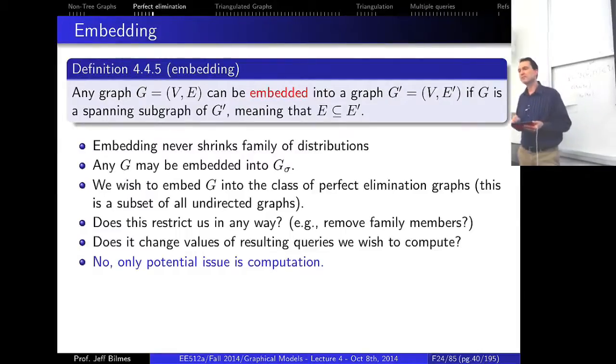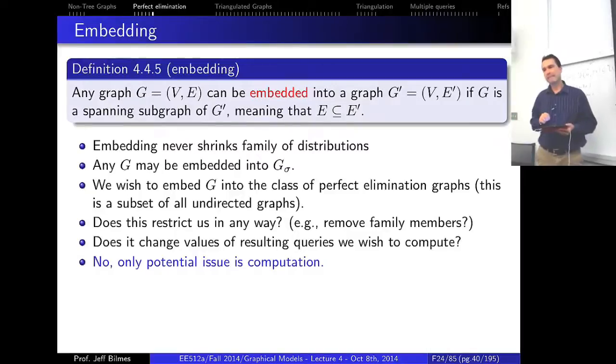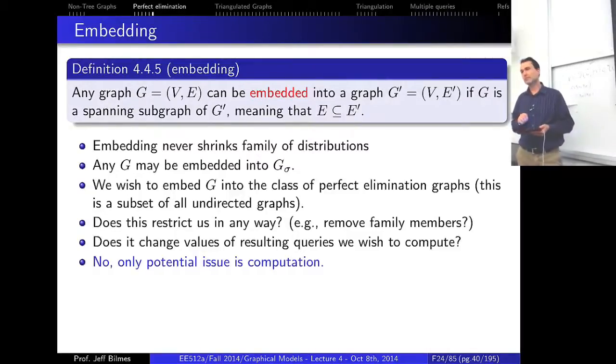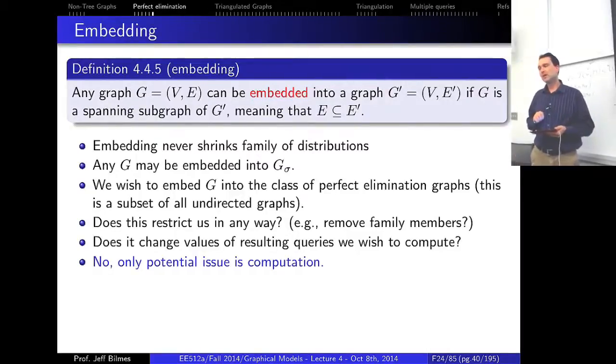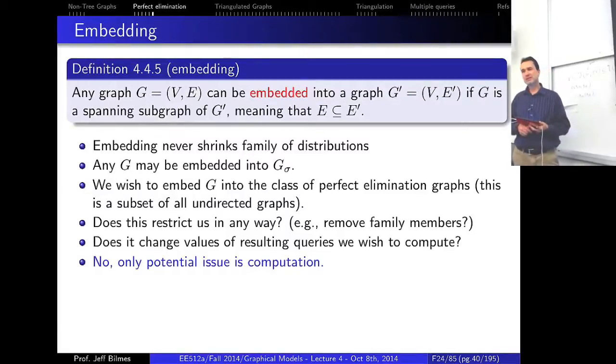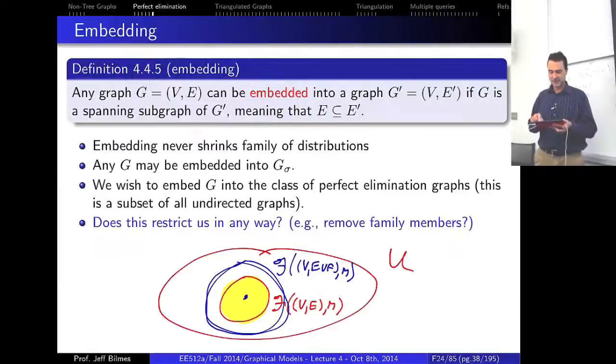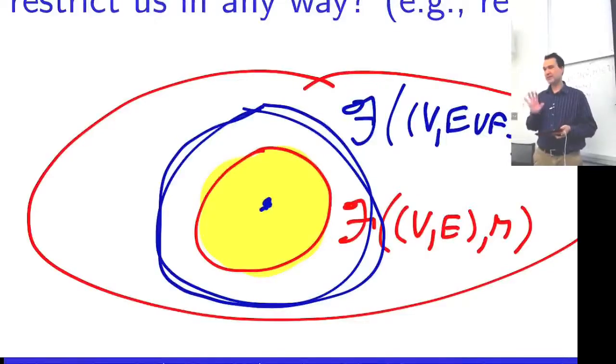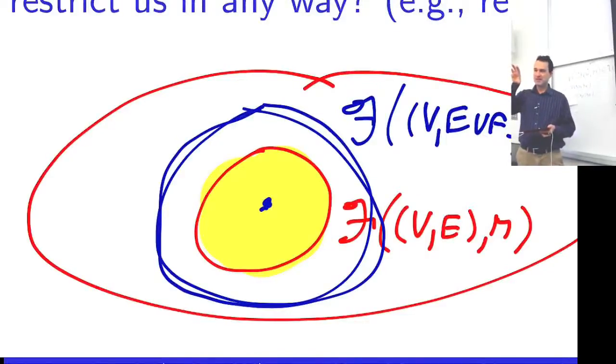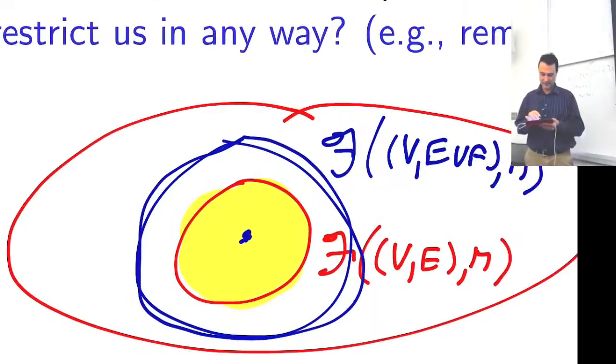Yep, question. Is the family size related to the choice of using exact inference or approximate inference? Well, here's what approximate inference might do. You're starting with that yellow family. Approximate inference might say, here's a smaller family, and find me the closest distribution in that smaller family.